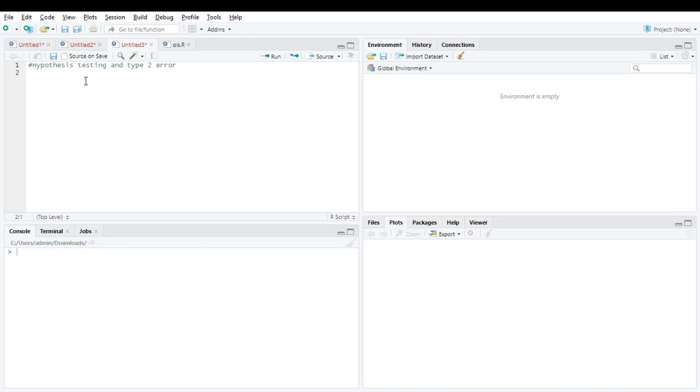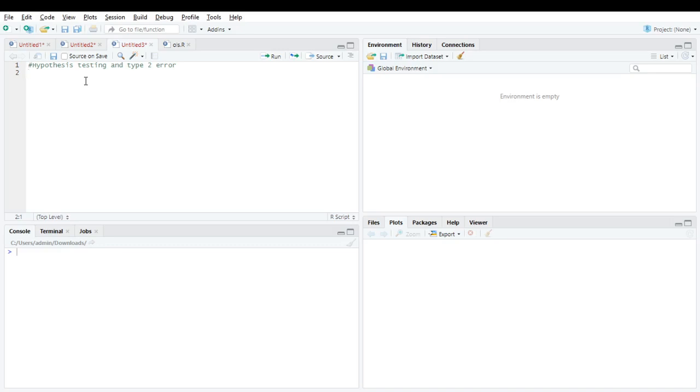Okay, so what happens in hypothesis testing? The first thing we'll be discussing is type 1 error. Type 1 error is nothing but the mishap of falsely rejecting a null hypothesis.